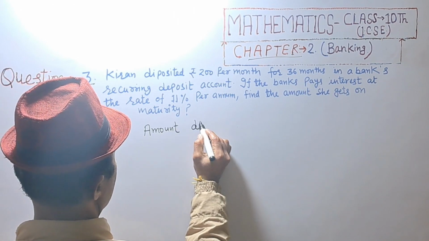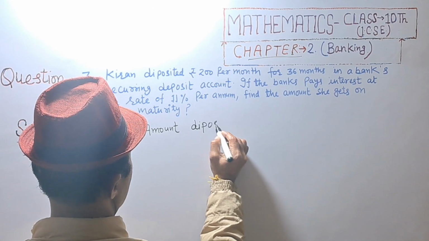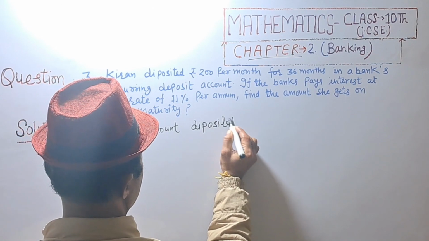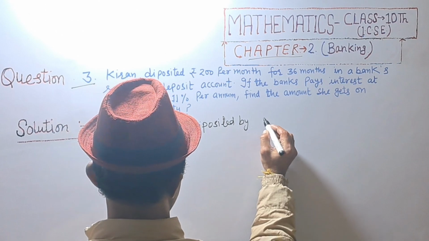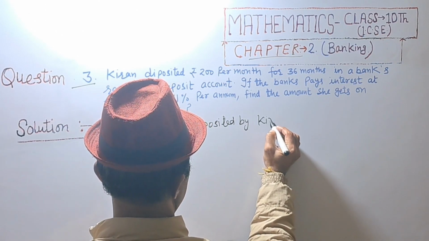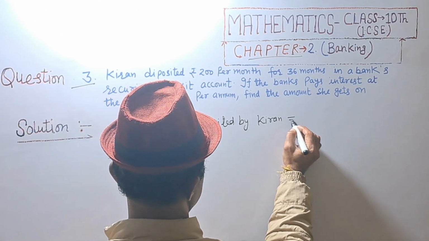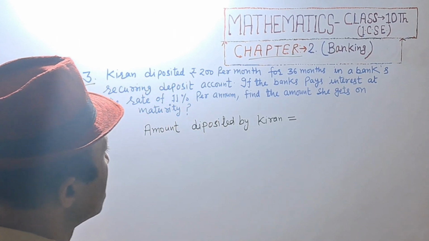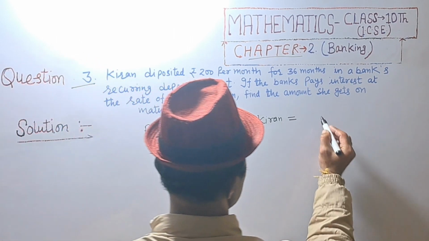Amount deposited by Kiran is equal to rupees 200.